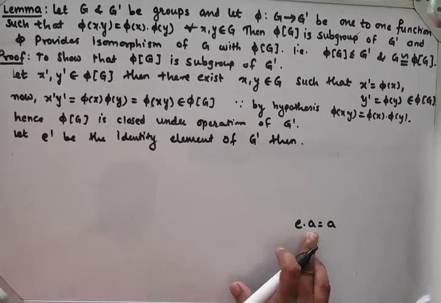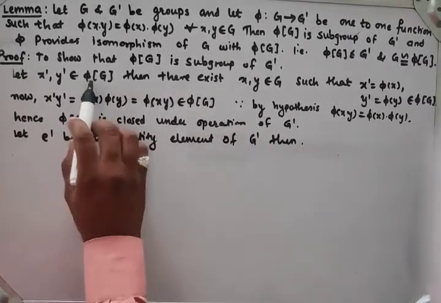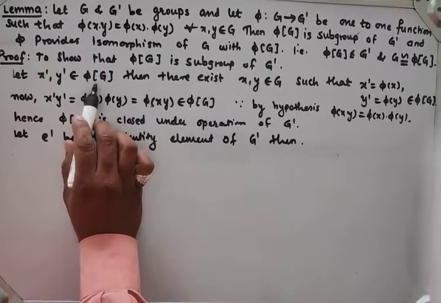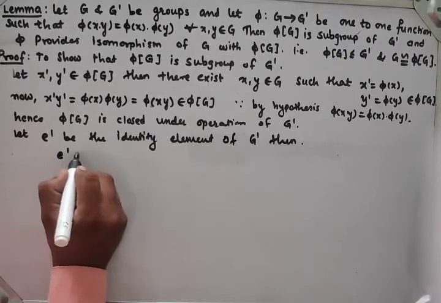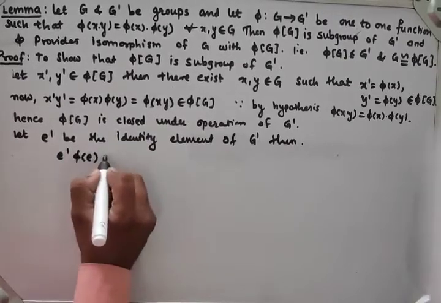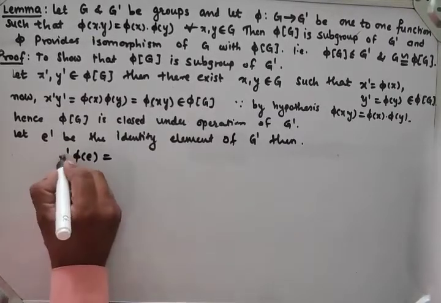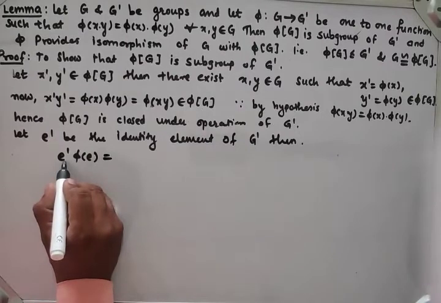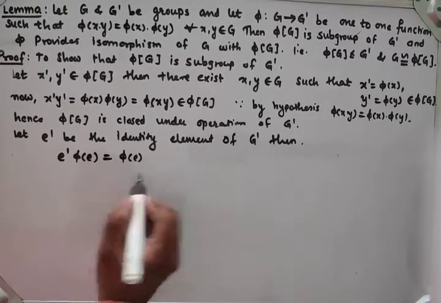So to show phi of G is a subgroup, there must exist an identity element E dash belonging to phi of G, right? So I take E dash into phi of E. Since E dash is an identity element, E dash into phi of E should be phi of E, right?